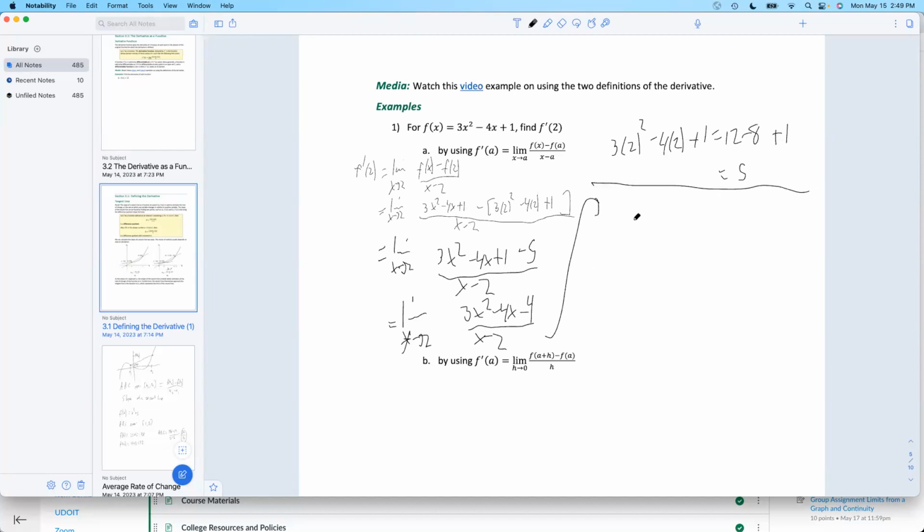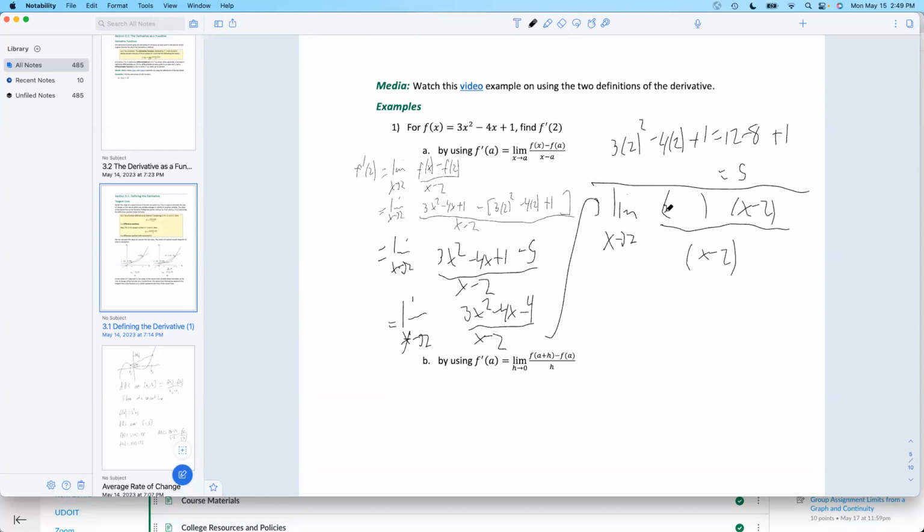So that means I know I can factor. You've got to be an expert at factoring in this class. I know one of the factors has got to be x minus 2 because that's what's going to cancel out. So now we can just work backwards and figure out what the other one needs to be.